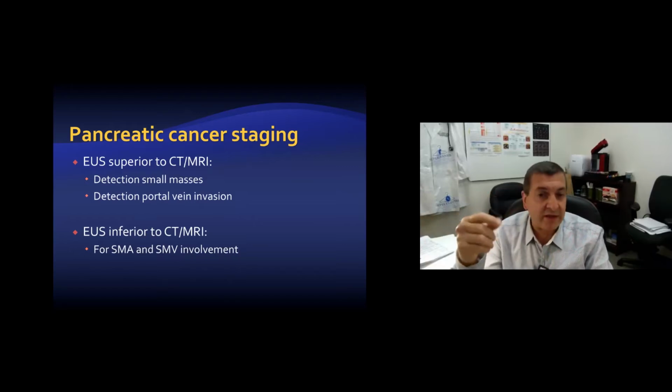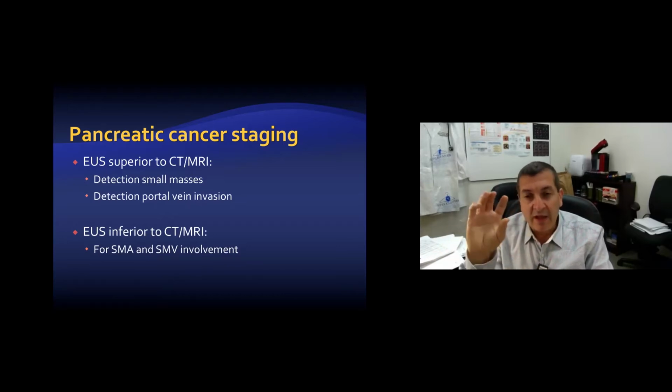It also is a great tool to detect portal vein invasion. When you compare it to CT and MRI, it is a bit better. However, it is not as good at detecting SMA and SMV involvement, because those vessels can go into our blind spot when we do EUS.